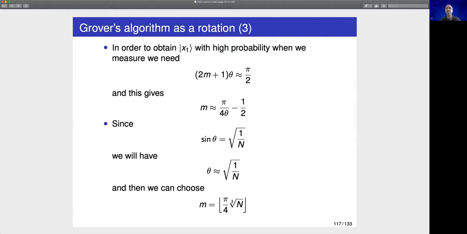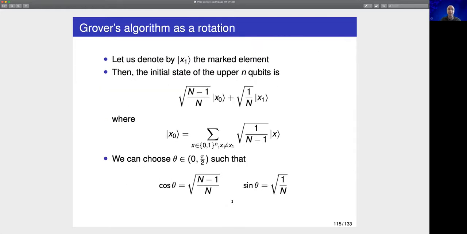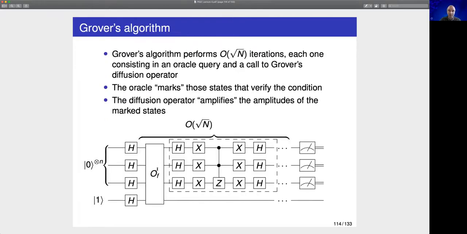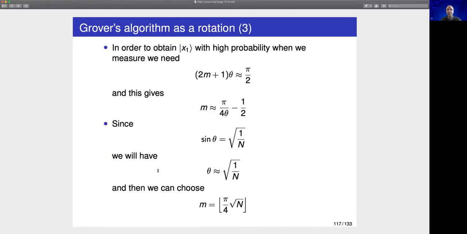So the number of times that we need to check the oracle, because each time that we apply this diffusion plus oracle operator we are using one call to the function, is of the order of the square root of n. And this is how we prove that we have this quadratic speedup over the classical case.